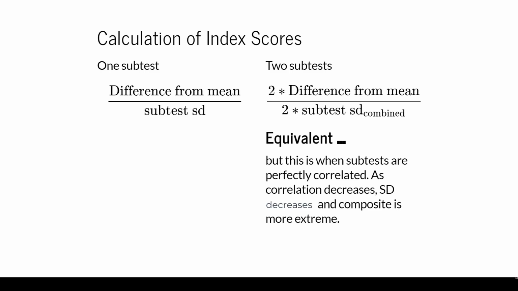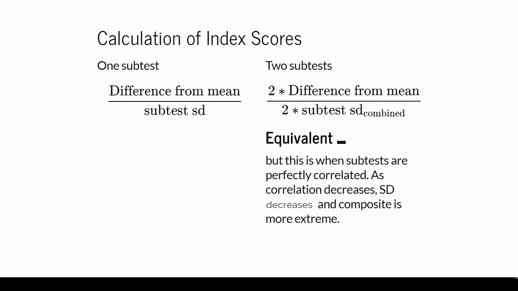And that's equivalent to the difference from the mean over the standard deviation for just 1 subtest. But that only occurs when subtests are perfectly correlated. As the correlation decreases, standard deviation decreases, and the composite becomes more extreme.